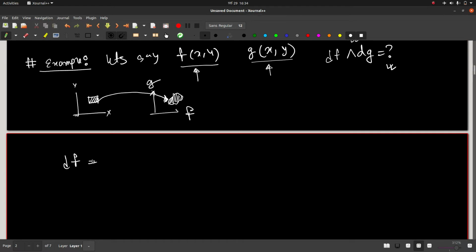Again, this is easy. Since these are two variable functions and we are computing a two-form, df is nothing but, by the definition, the partial with respect to x dx plus the partial with respect to y dy, like this.